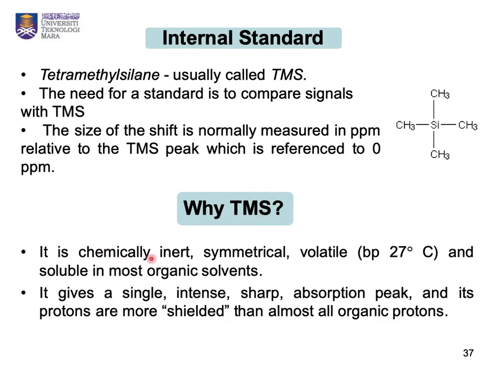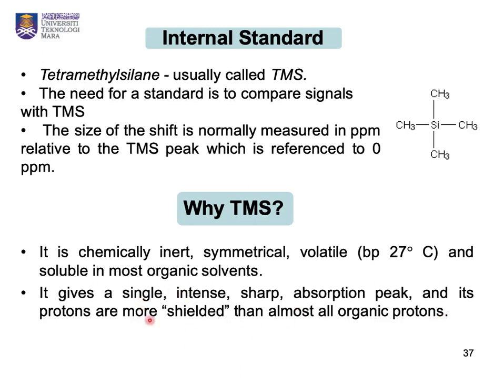In order to use an internal standard, the standard should be chemically inert. The second reason is it gives a single intense sharp absorption peak in the NMR spectrum, and its protons are always shielded, meaning nearer to 0 than almost all organic protons, right?